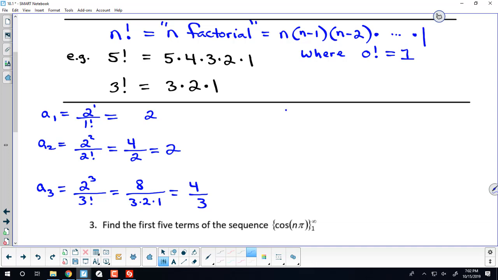Go over here, a sub 4 and a sub 5. All right. So 2 to the 4th over 4 factorial. Is this our 4th term? So we have 16 over 4 factorial, which would give us 24.